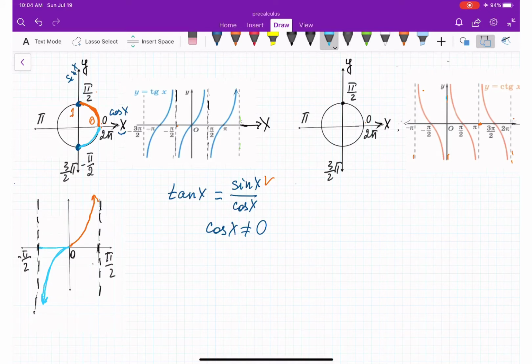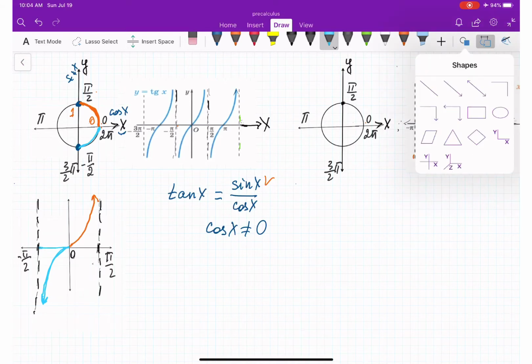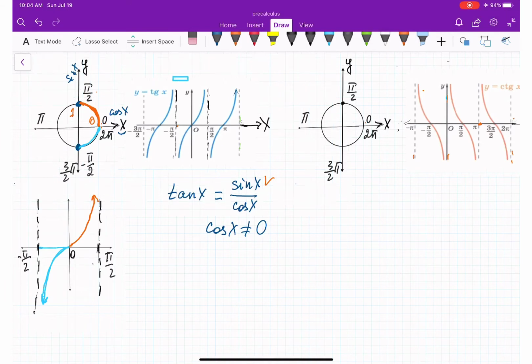Okay, so here, based on the unit circle, this is what we get. And further, since from negative half a pi to positive half a pi is 1 pi, the graph can repeat because it's periodic, because sine x is also periodic.